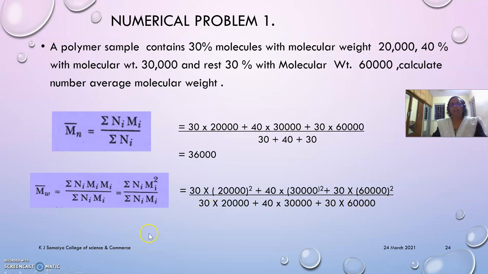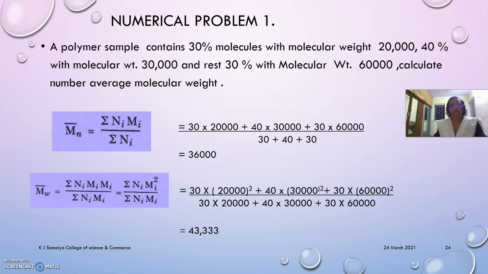So adding this, we get the answer as 43,333. We can see that the weight average molecular weight is always larger than the number average molecular weight. So this is the simple way to find the number and weight average molecular weights of the polymer.